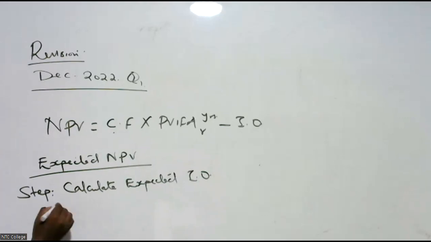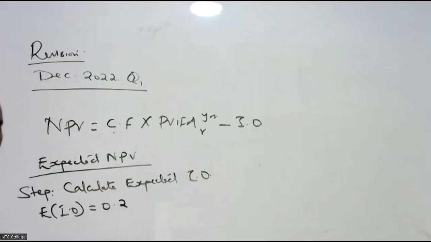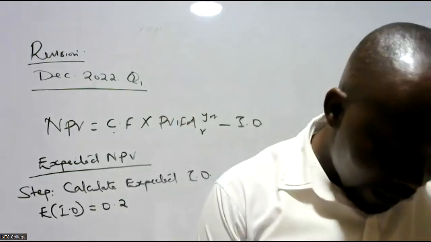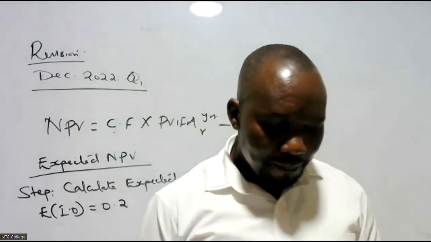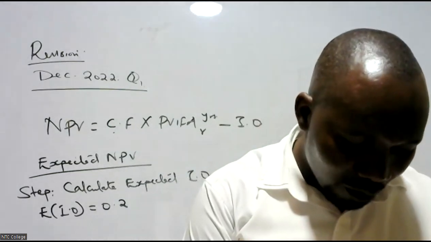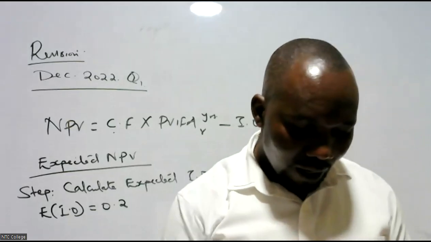So expected IO is equal to 0.2, which was the first scenario, because we're getting the average. So multiply the IO in the worst case scenario with the probability, add with the product of IO in the second scenario and the third scenario.